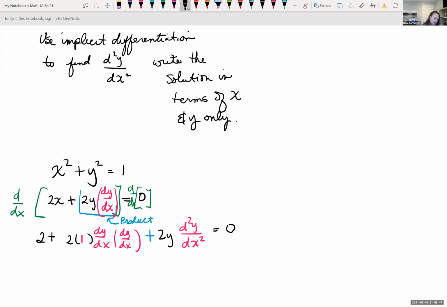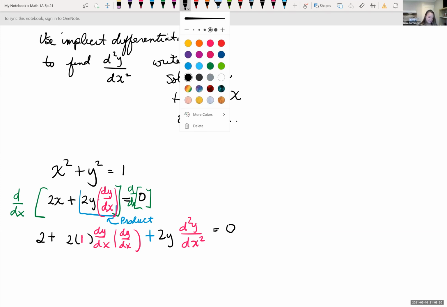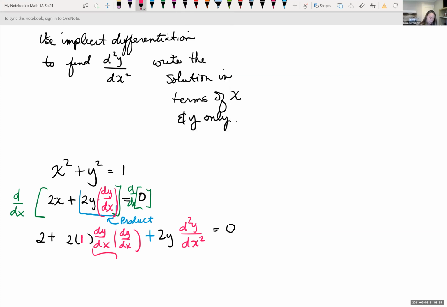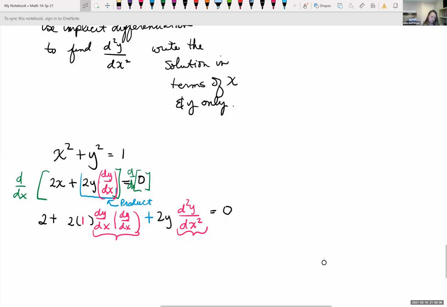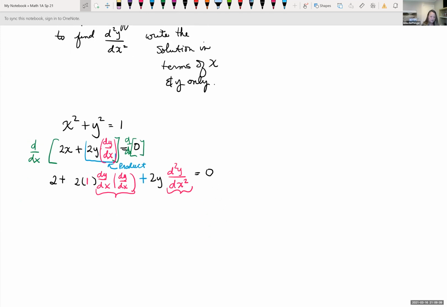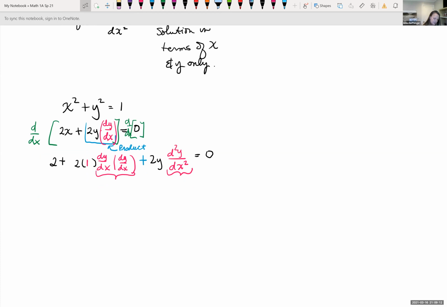So here we have, let's get the d squared y dx squared by itself. And so here we can pull that out, and we can move this 2 to the other side. So let's subtract 2 on both sides. I notice this has a 2, and I notice a d squared y dx squared in both pieces. And so let's factor out the 2.